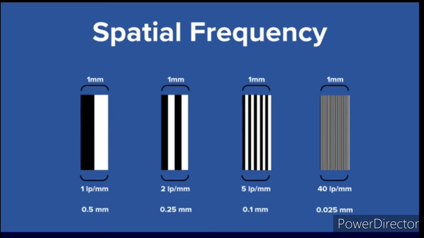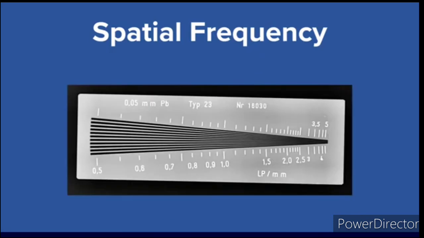At 2 line pairs per millimeter, you can distinguish an object that is 0.25 millimeters in length. At 5 line pairs per millimeter, you can distinguish an object that is 0.1 millimeters in length. Humans normally can see about 5 line pairs per millimeter, or objects that are as small as 0.1 millimeter in length. What's the smallest line pair you can see?